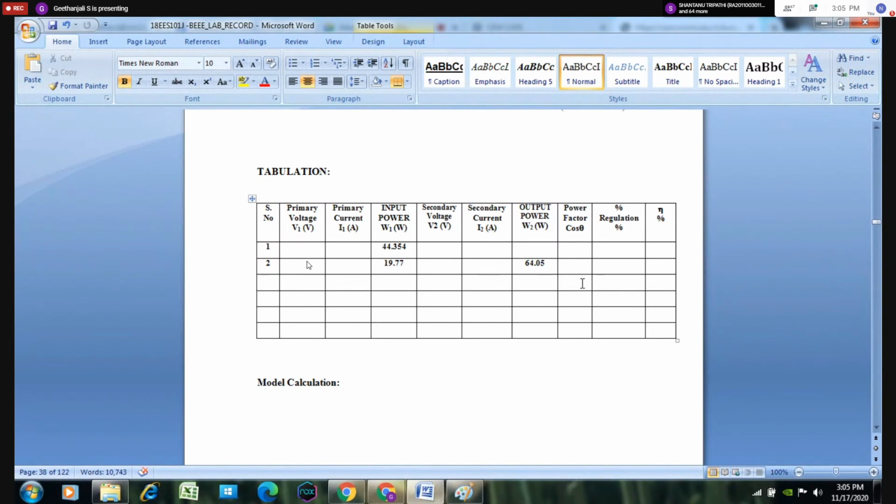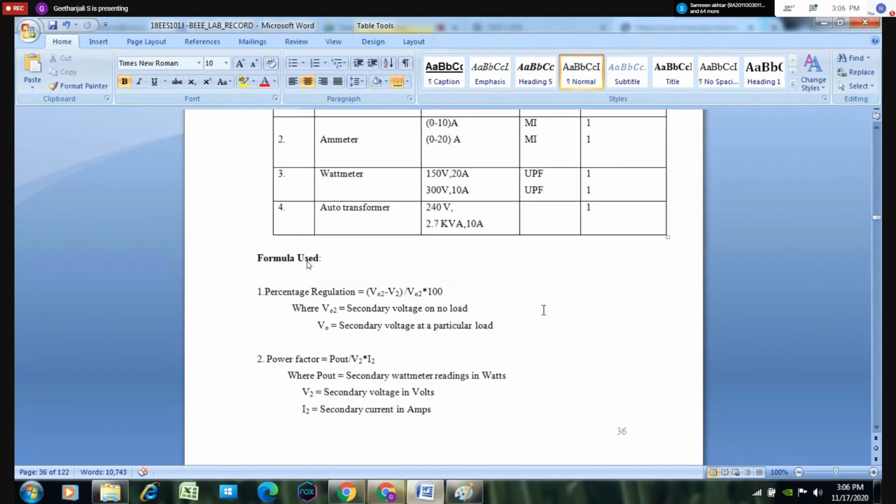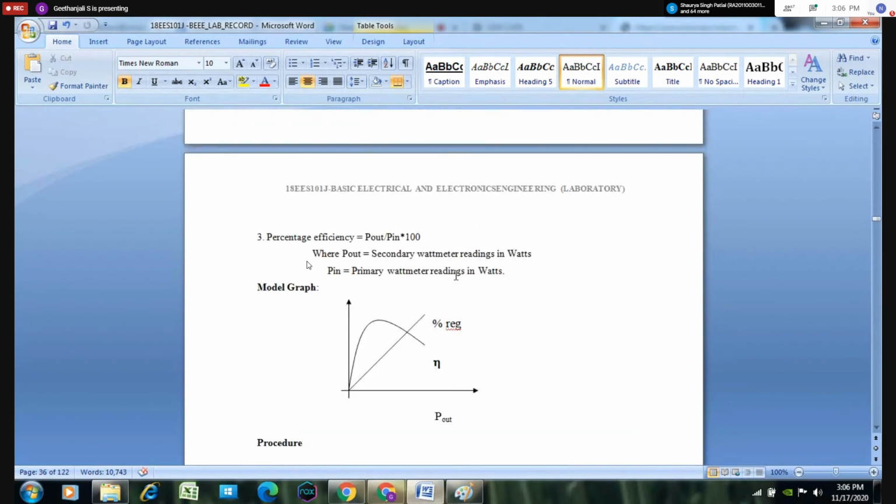Output divided by input is the efficiency: 64.05 divided by 19.77 into 100, as a percentage. This is the formula for the efficiency: P out divided by P in into 100.